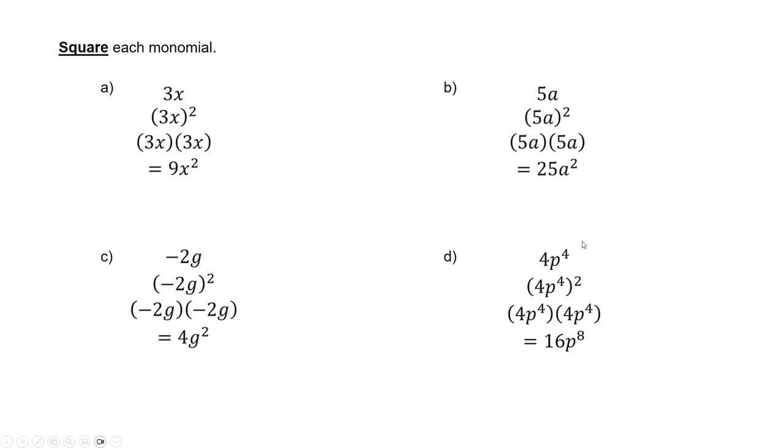So if our initial term is 4p to the power of 4, we can put that inside brackets and raise that term to the exponent 2, and then rewrite it so that's the entire 4p to the exponent 4 times 4p to the exponent 4. 4 times 4 is 16. p to the exponent 4 times p to the exponent 4 is p to the exponent 8, for a final answer of 16p to the exponent 8.